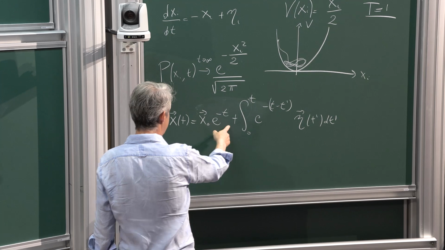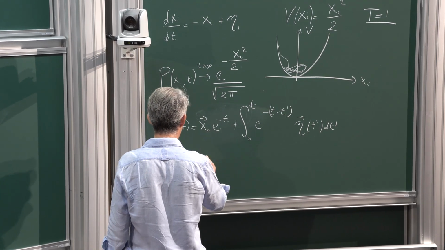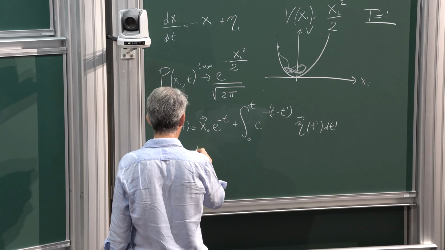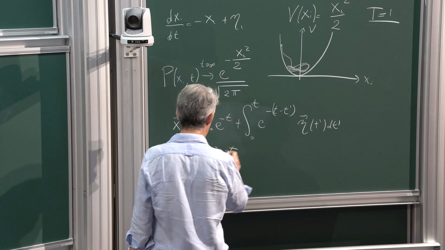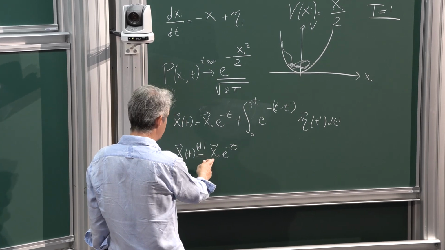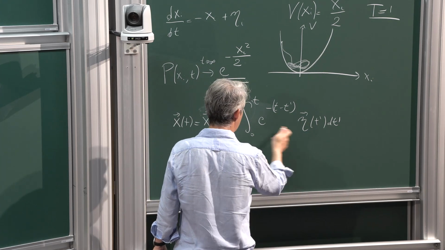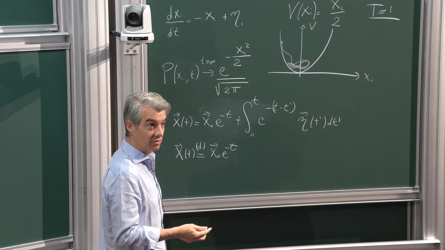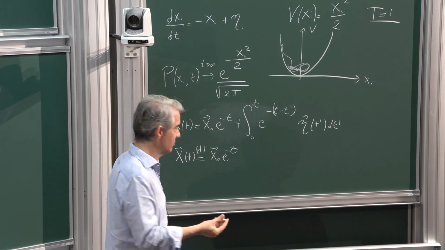If you stare at this, it means that x of t, in distribution, is equal to x0 exponential of minus t. You take the initial probability distribution for x0 and multiply by exponential of minus t. This other term is an integral of Gaussian variables, like a sum of Gaussian variables, so it's a Gaussian.